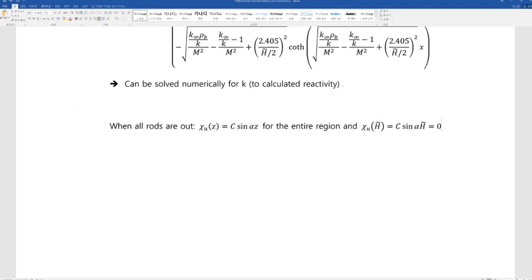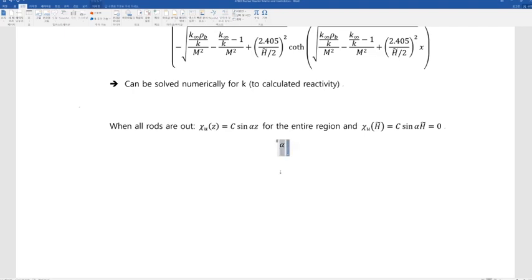And then the alpha for the unloaded case would be the same as BZ. That is the same as pi over H tilde.